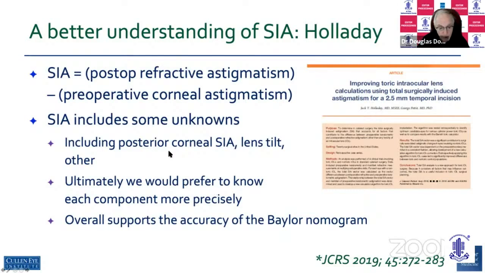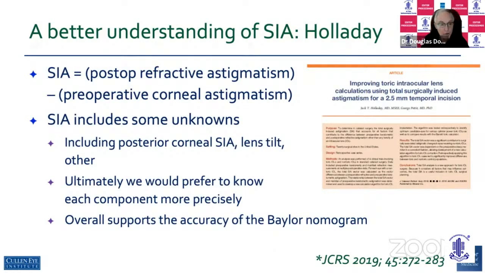Ultimately, we'd love to know what each one of these is so we can measure each precisely. But right now, we really have this crude, grouped number of postop refractive astigmatism that includes so many things, and we compare it to the preop. And it's interesting that the data he presented really confirmed the accuracy of the original Baylor nomogram that I published.